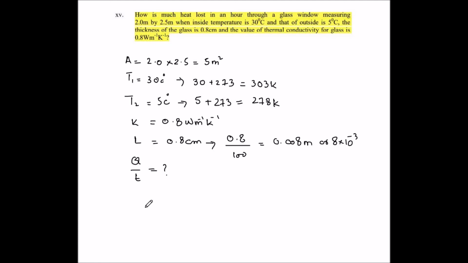So what's the formula of the heat loss? We know that the formula of heat loss is Q upon T is equal to K times A, temperature difference T1 minus T2, divided by thickness, that is L.